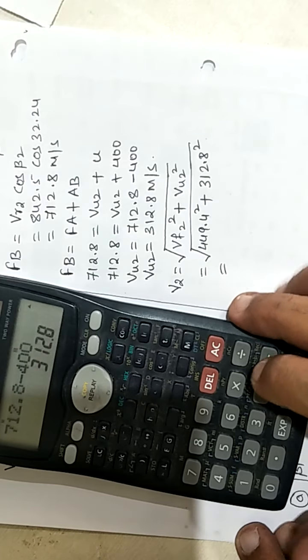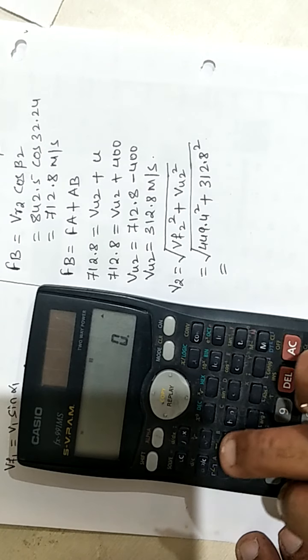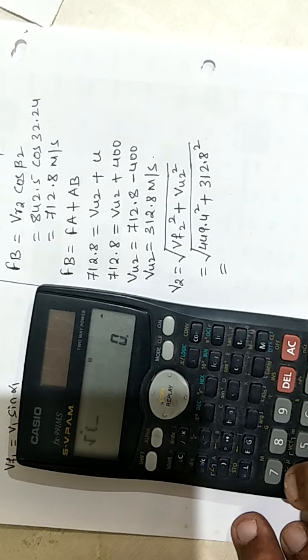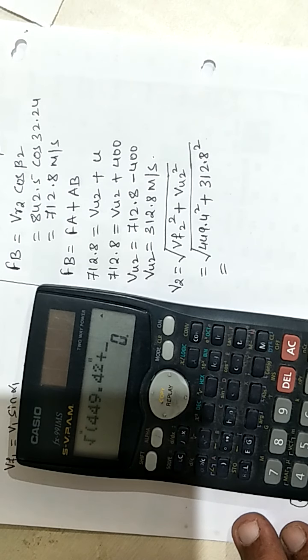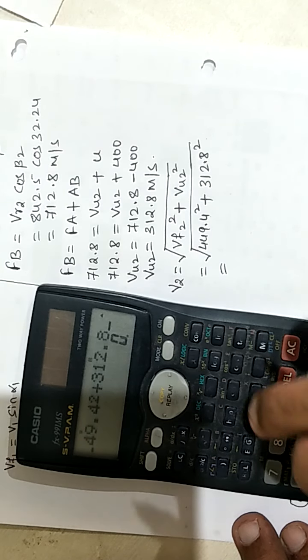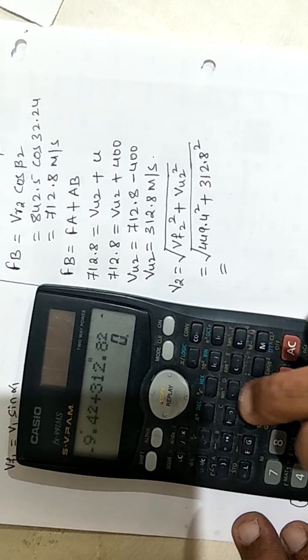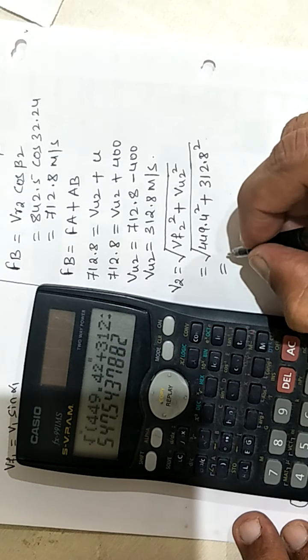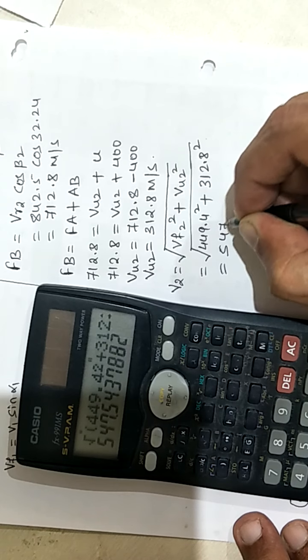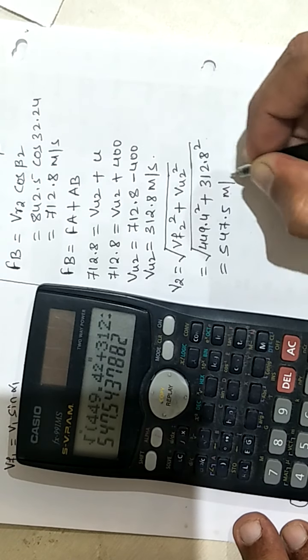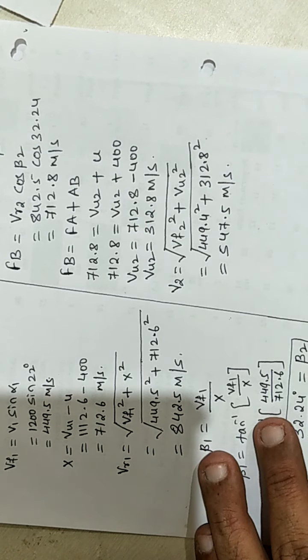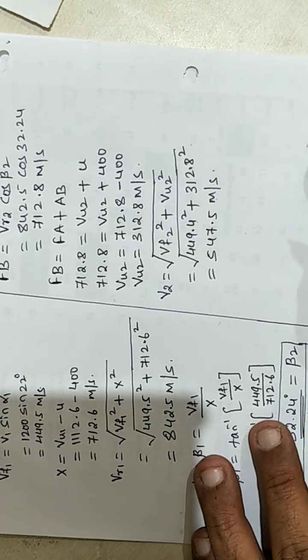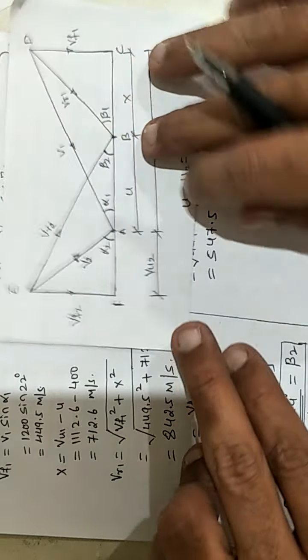So we get the square root of 449.4 square plus 312.8 square, which is 547.5 meters per second. This is the value of V2, the steam which is leaving the turbine. I also need to calculate the value of alpha 2 here.